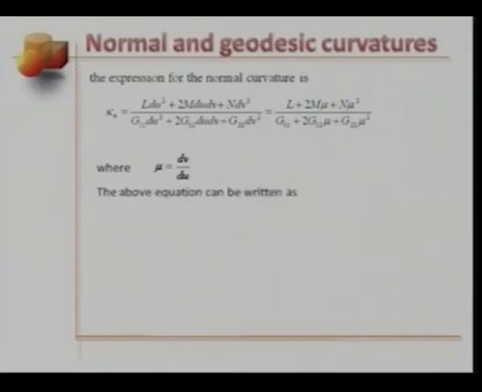The above equation can of course be written as g11 plus 2g12 times mu plus g22 times mu squared times kappa n. We are transferring this denominator here, and that is equal to L plus 2m mu plus n mu squared. What do we have here? We have a quadratic in mu.